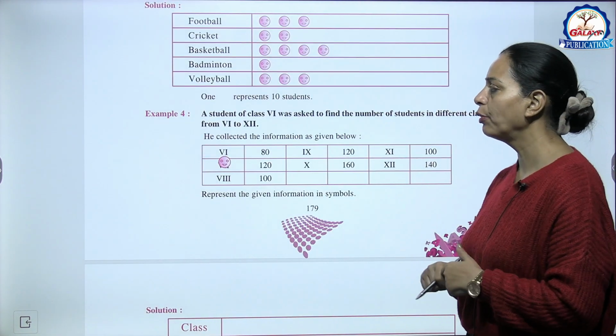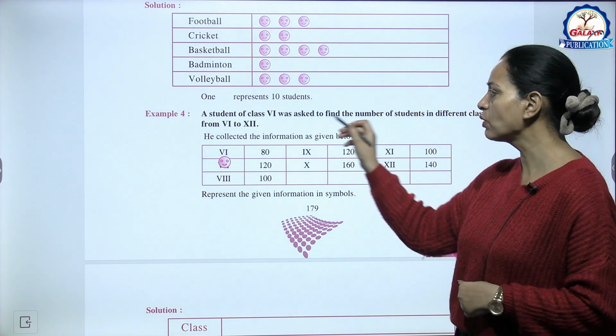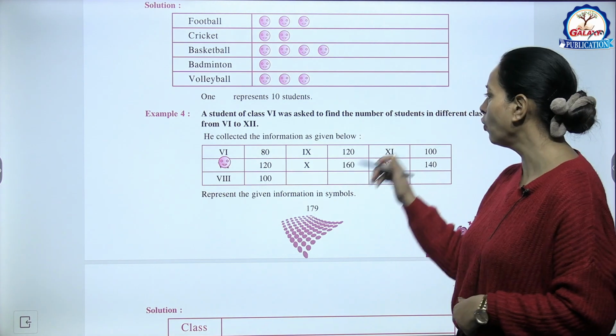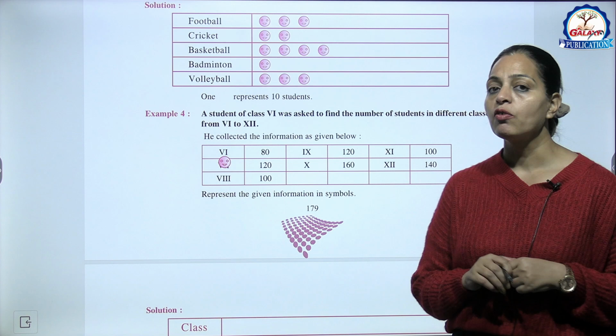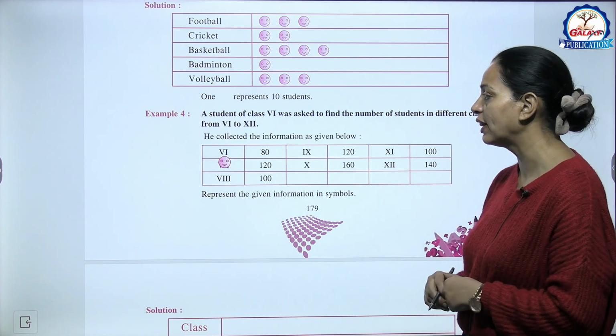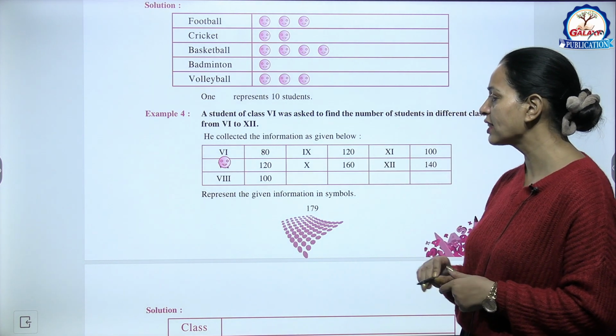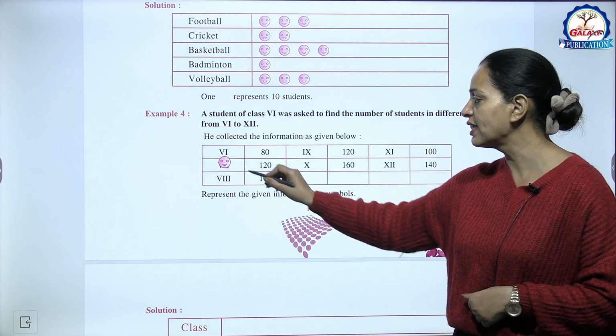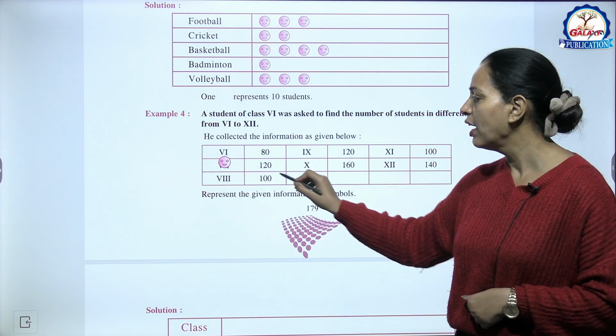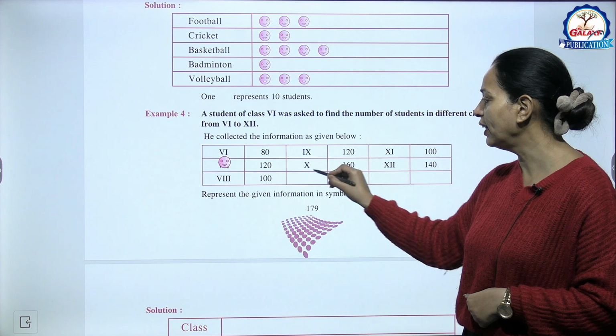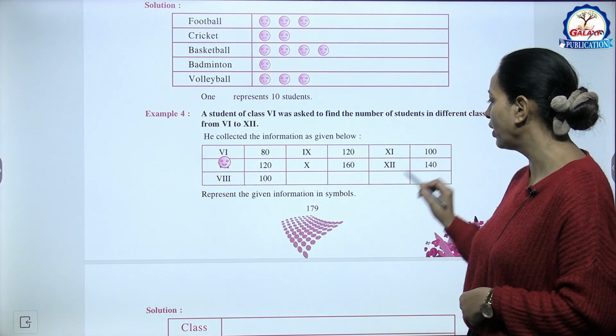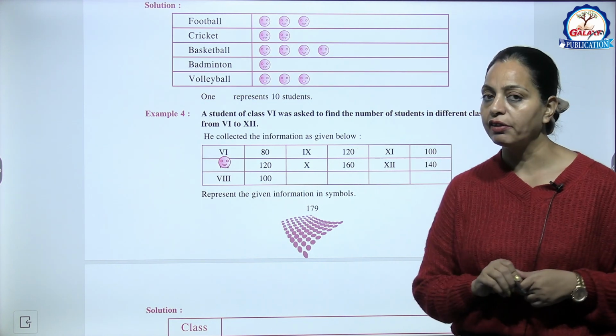Now see example 4. A student of class 6 was asked to find the number of students in different classes from 6 to 12. He collected the information as given below, like 6th, 80, 7th, 120, 8th, 100, 9th, 120, 10th, 160, 11th, 100, 12th, 140.